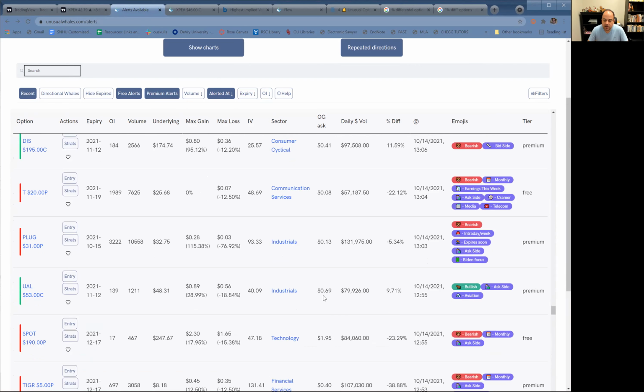And so here we have one bullish on the ask side, UAL stock I played a few times, and this meets my criteria as well. IV looks decent. Volume, again, it's not 100K, but it's pretty good. Price is right. This is a couple more weeks out. It is out of the money.